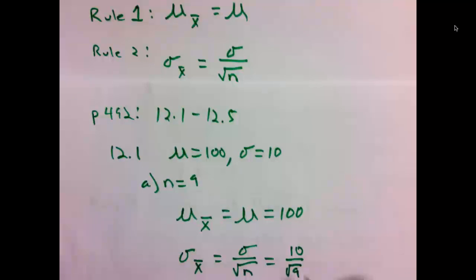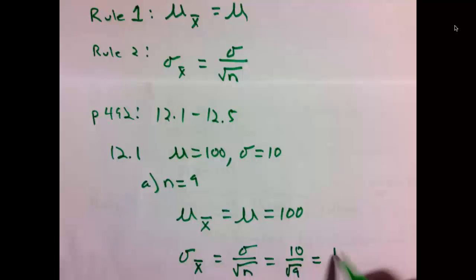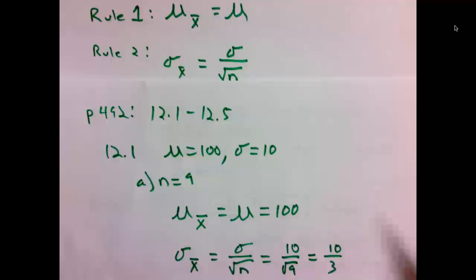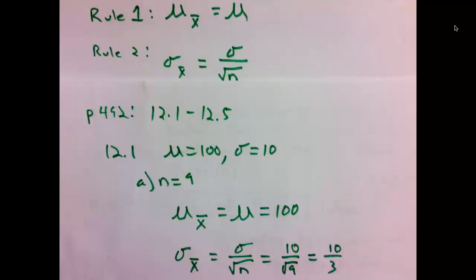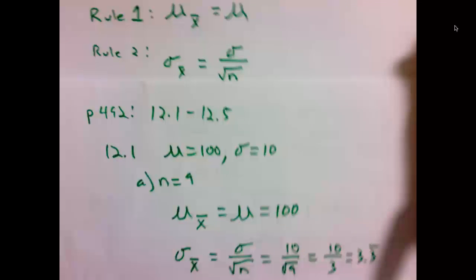Thus, square root of 9 is 3. This is 10 over 3. So our sampling distribution is going to be centered on 100, and our standard deviation will be 10 divided by 3, which is 3.3 repeating. All right, you should be able to do A through the rest of them now.